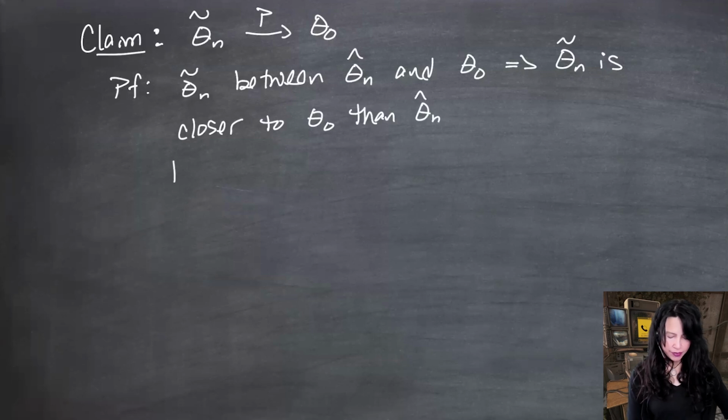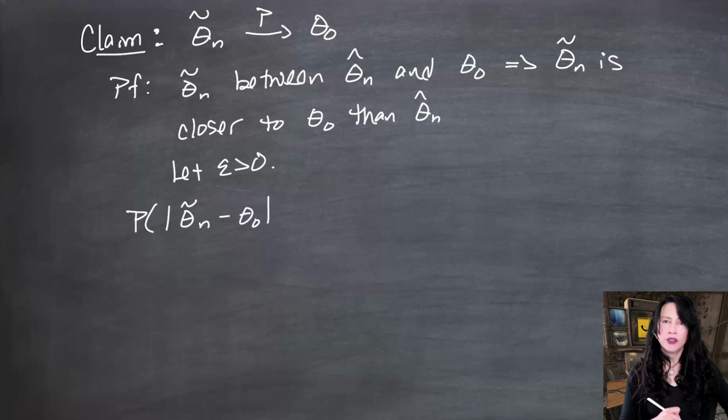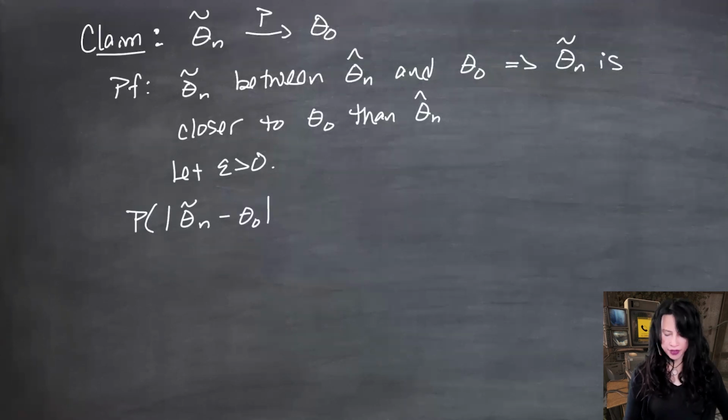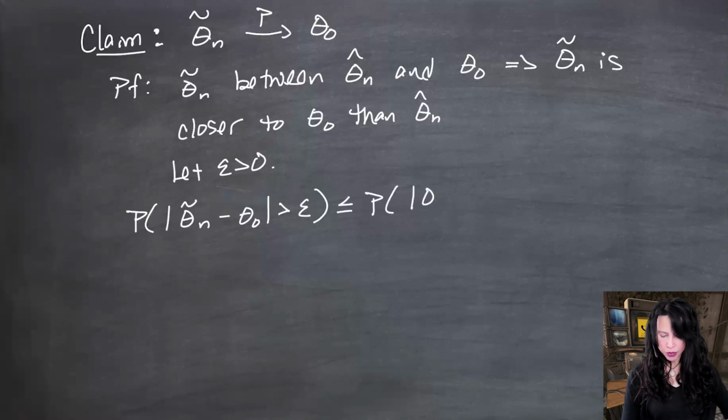Specifically, if we take any epsilon greater than 0 and consider the distance between theta n tilde and theta naught, and look at the probability that the absolute value of this difference is greater than epsilon, this is going to be less than or equal to the probability of the same sort of thing, but using the MLE, not theta n tilde.